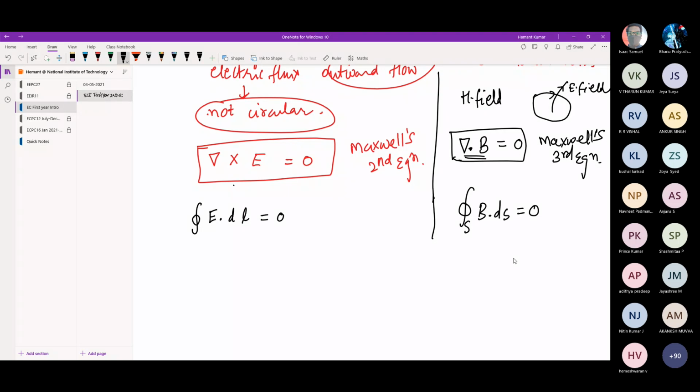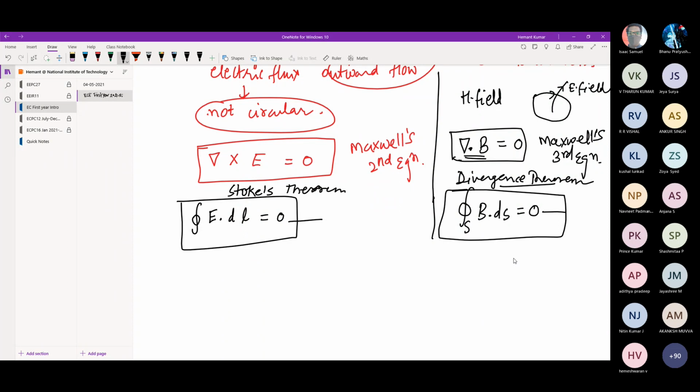For the curl equation we apply the Stokes theorem, and for the divergence equation we apply the divergence theorem. You will get the Maxwell equations in integral form: E dot dl equals 0, and B dot ds equals 0.